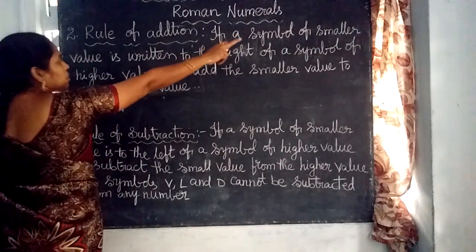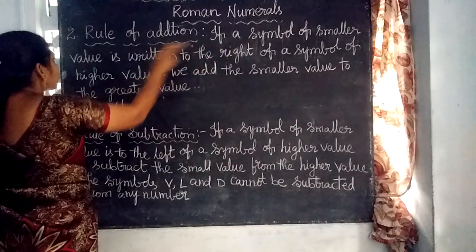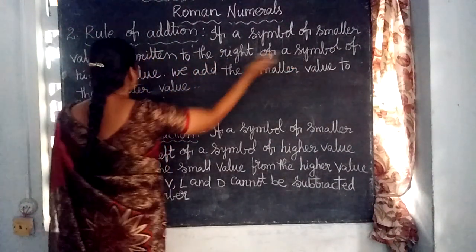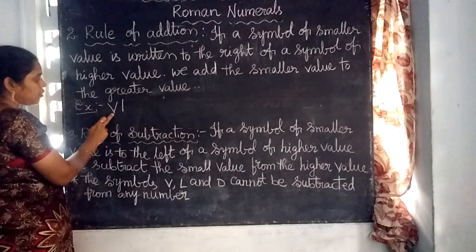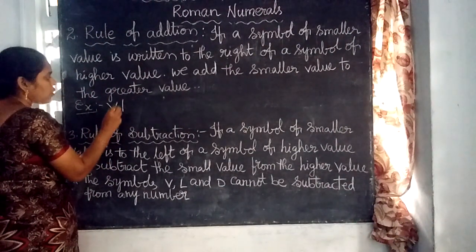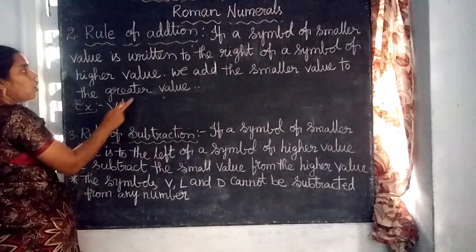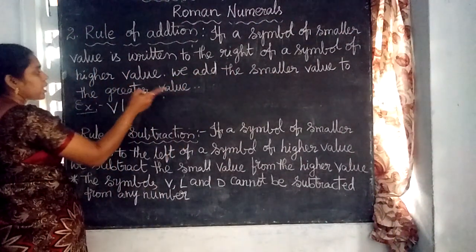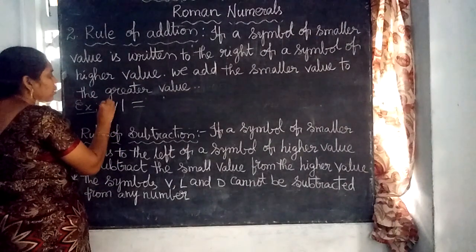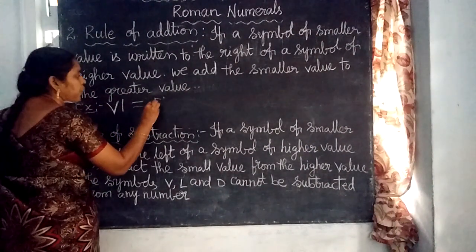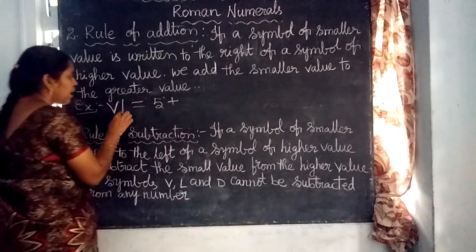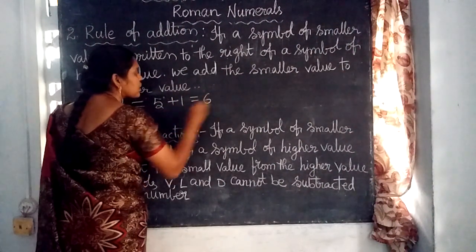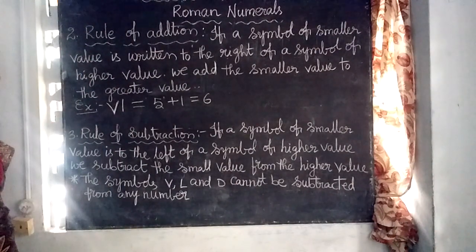If a symbol of smaller value is written to the right of a symbol of higher value, the right side is the smaller value. We add the smaller value to the greater value. V stands for 5, add I, which is 1. So what is the value? 6. Is it clear?